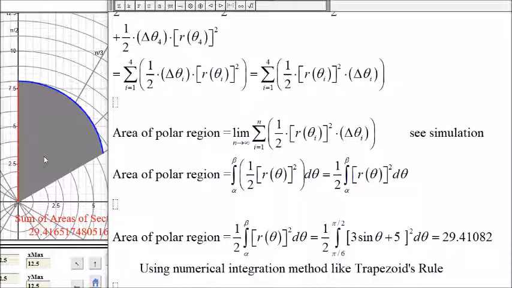We notice here that this is filling the polar region up with 1,000 sectors, and adding the areas of those 1,000 sectors together gives 29.4165. And here we get 29.41082. And again, the difference is that we got this answer by filling the polar region up with an infinite number of sectors, and this answer is just filling it up with 1,000 sectors. So that's the difference.